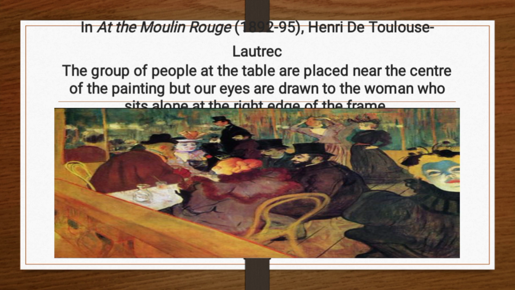Now, let's check right here. We can see in this work by Henri de Toulouse-Lautrec, the work is in the Moulin Rouge. You can see the group of people at the table are placed near the center of the painting, but our eyes are drawn to the woman who sits alone at the right edge of the frame.